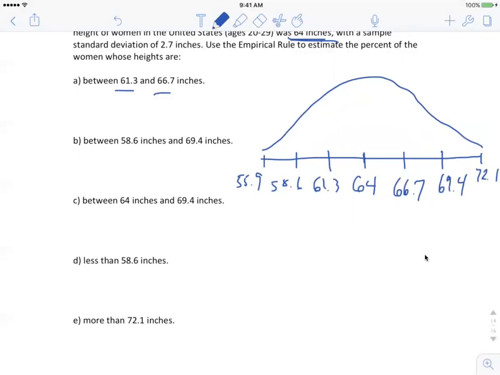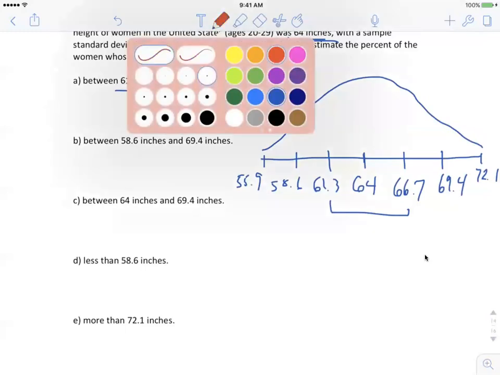What percentage of the women would be between 61.3 and 66.7? All of these questions should have numbers on my graph here. There's 61.3 to 66.7, right? If I want to get fancy, I could draw this.